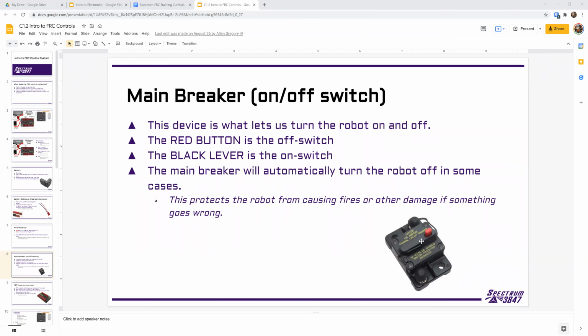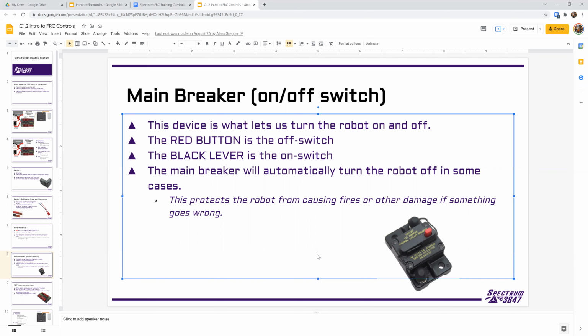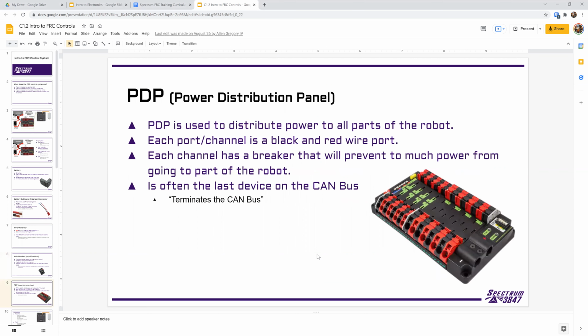And so you can see here it's a 120 amp breaker. That doesn't mean as soon as you hit 120 amps that it turns off. There's a time association with it too. So either the more current in a smaller period of time, or if it holds 120 amps for an extended period of time, that's going to turn off the robot. And it does it to prevent fire or other damage.